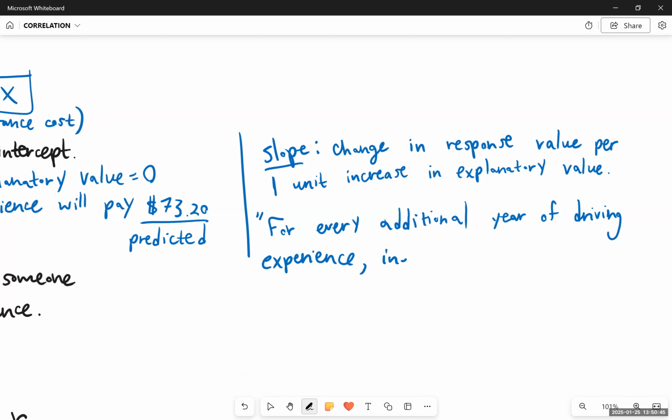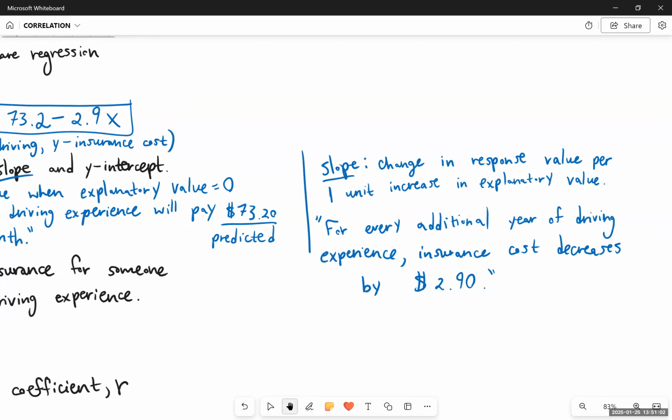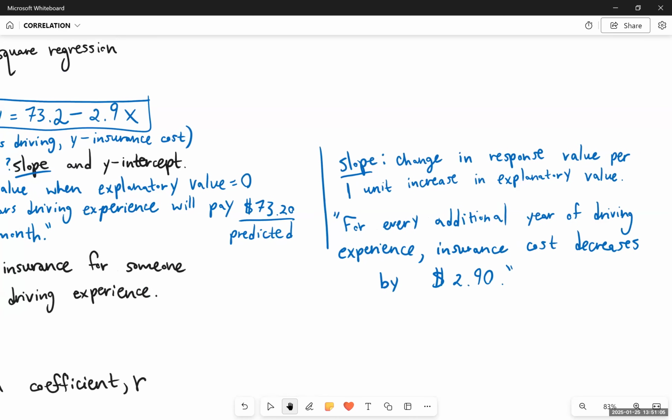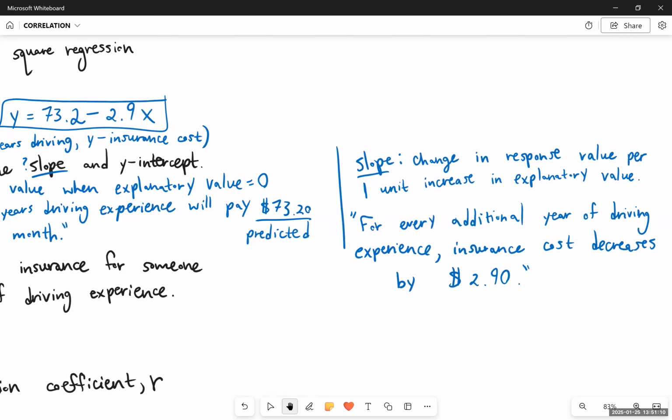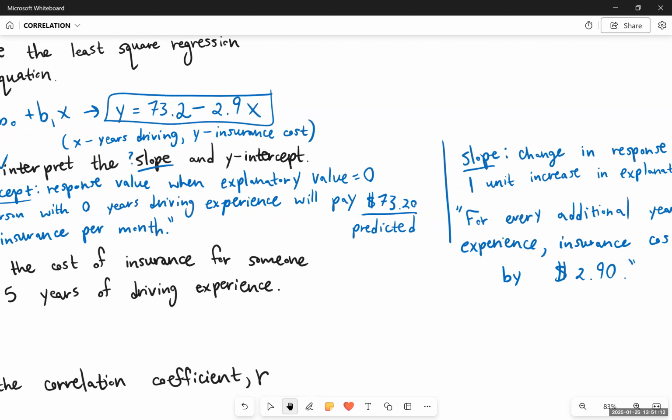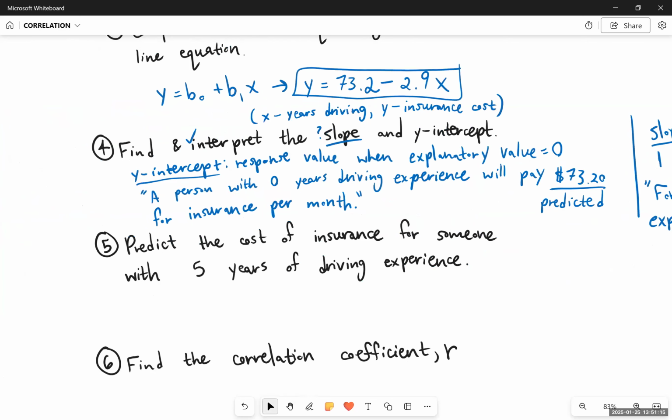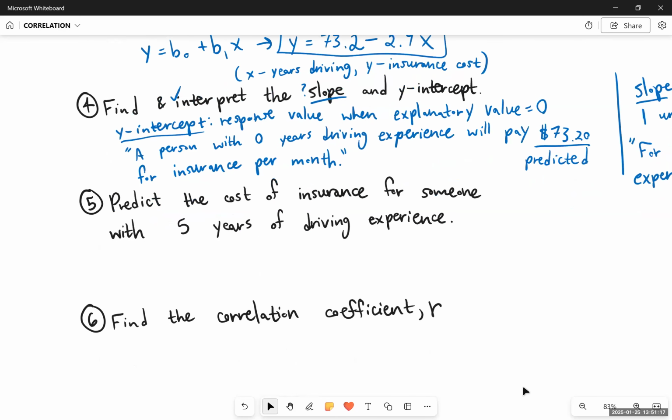So insurance cost decreases by, not too bad, not too much, but hey, we don't complain about decrease in insurance costs. So it goes down $2.90 each month for every year that you gain in driving experience. So that's slope and intercept. Changes based on what your variables are in other problems.